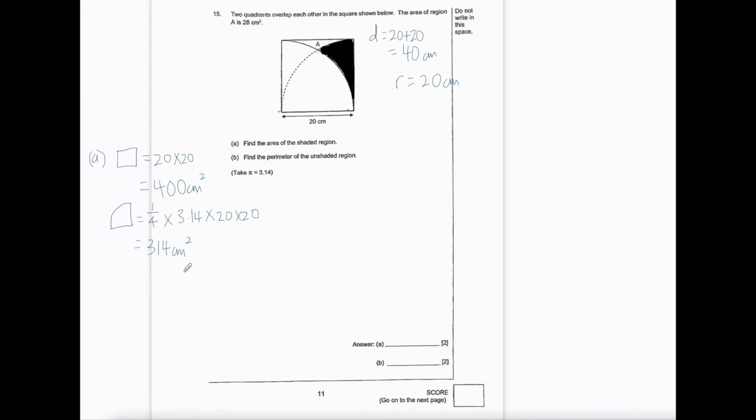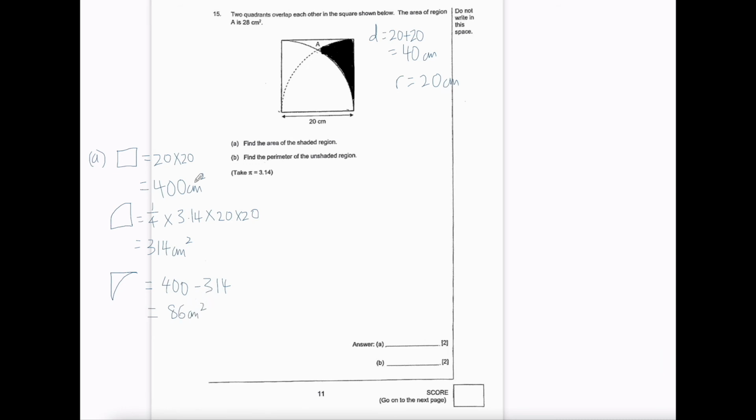So if I take my square minus my quadrant, the shape I'm going to get is like that. The area of that will be 400 minus 314. I'm going to get 86 cm².